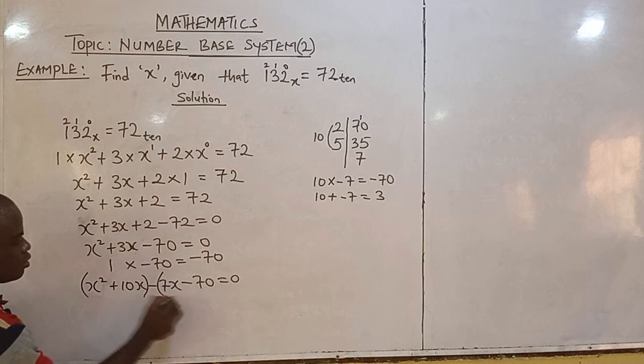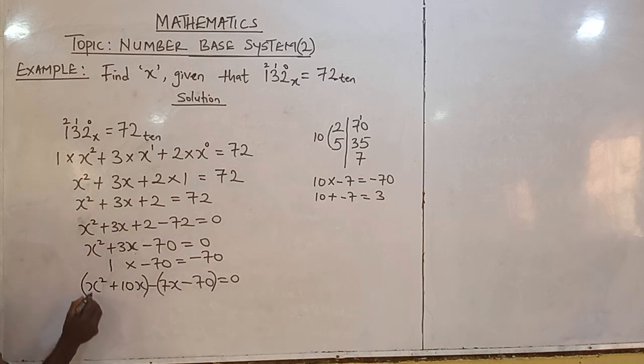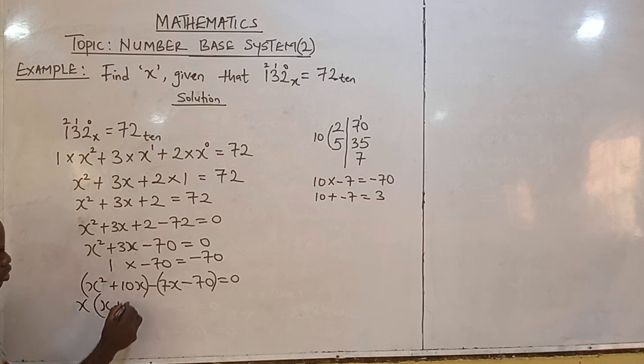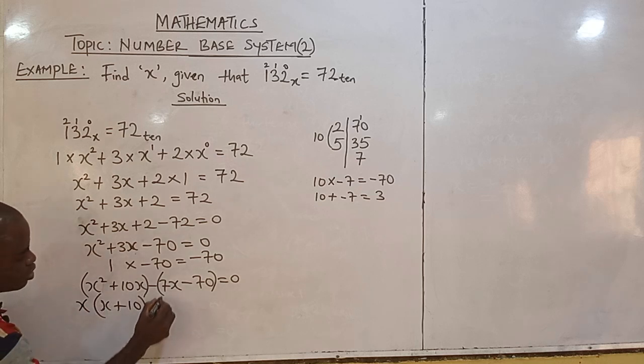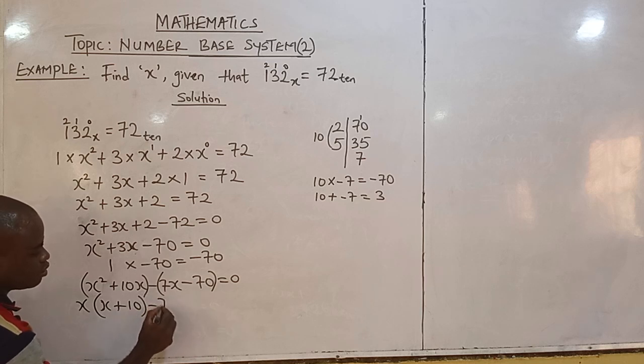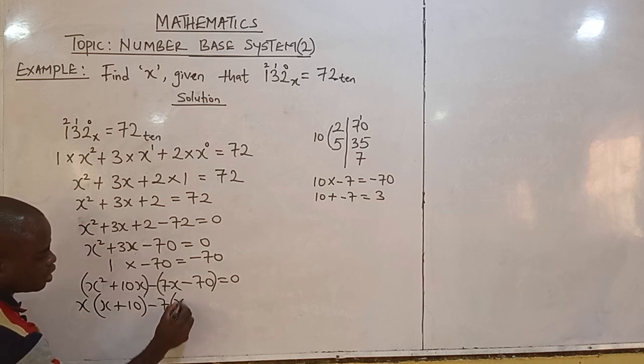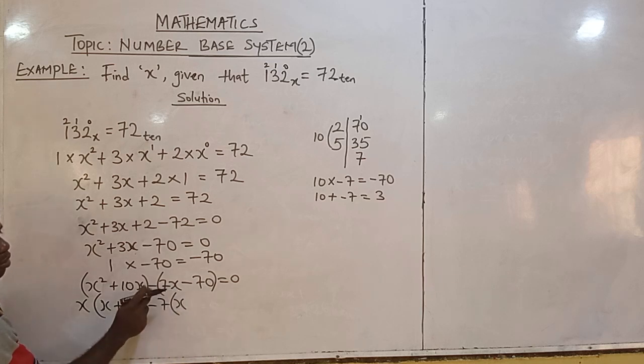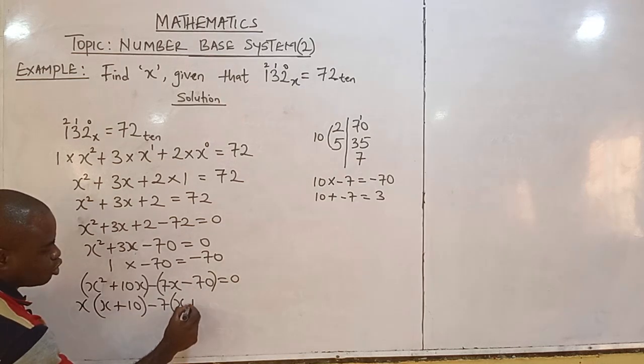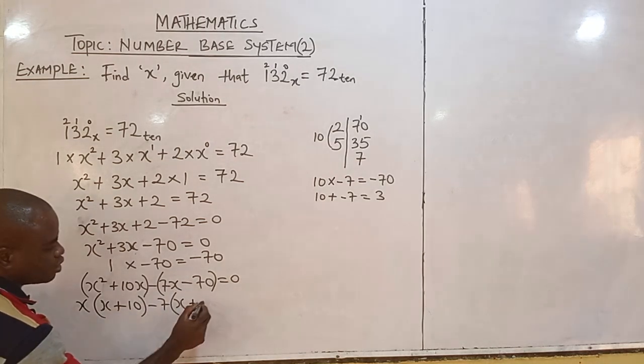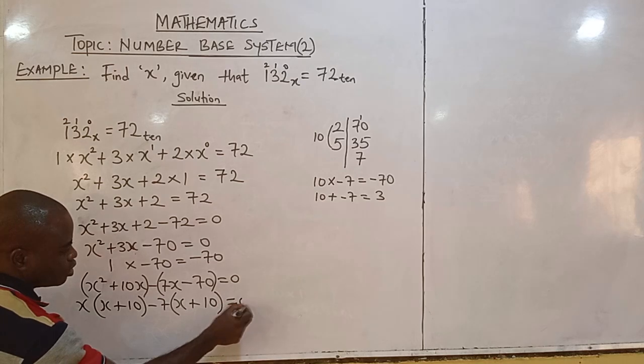Let's factorize. What's common between x squared and 10x is x, x into x, remaining x plus 10. Minus, what's common? What can go is 7, 70 and 7. Bring it out, 7 into x, remaining x, negative times negative. Please take note of this. Negative and negative give you positive. 7 goes in 70, 10 equals to 0.